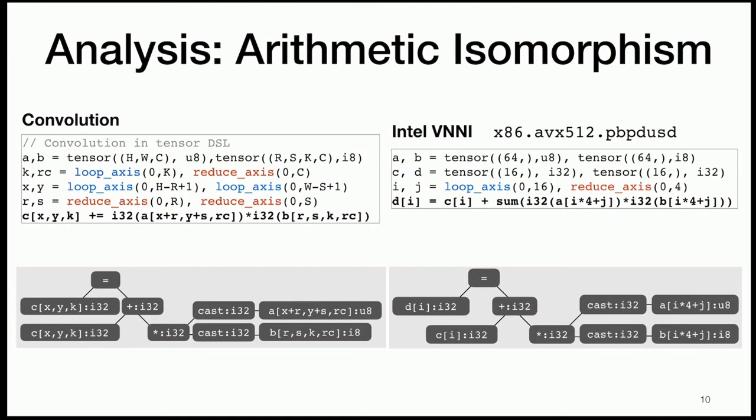We inspect both expression trees of the convolution and VNNI to match the arithmetic operation and the data type on each node. In this case, these two trees have exactly the same topology and the attributes on each node are exactly the same. Therefore, we pass the first phase of inspection.